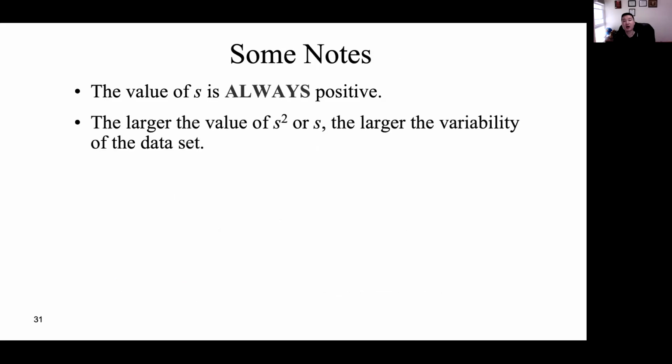The larger the sample variance S squared, or S, the larger the variability of the data set. If the differences between the sample measurements are larger, S is larger.